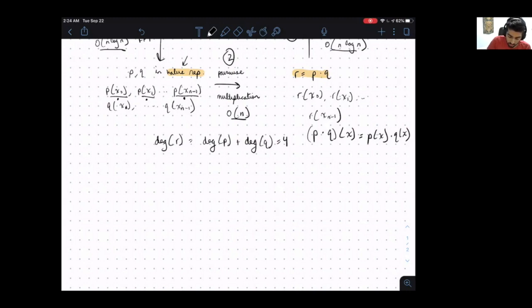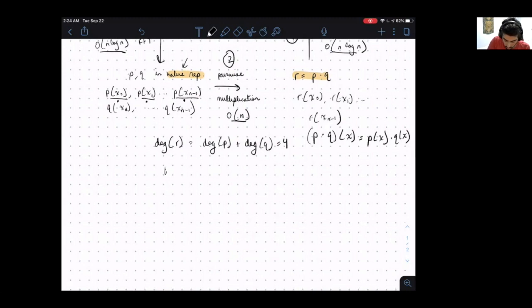So I'll write that down. We need to evaluate P and Q at n points. So at this very first stage, we need to figure out what n is going to be.